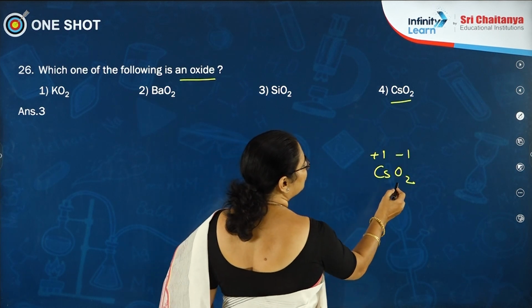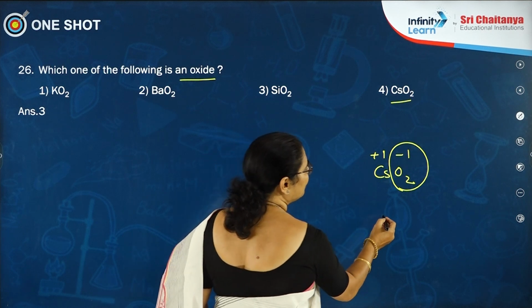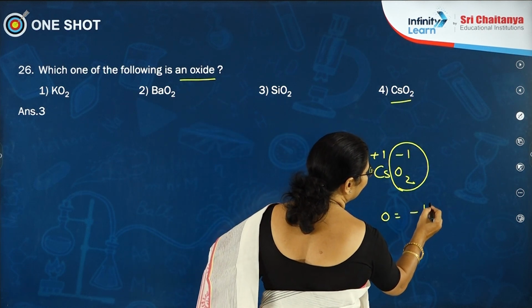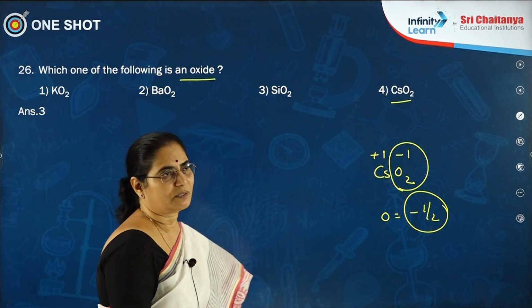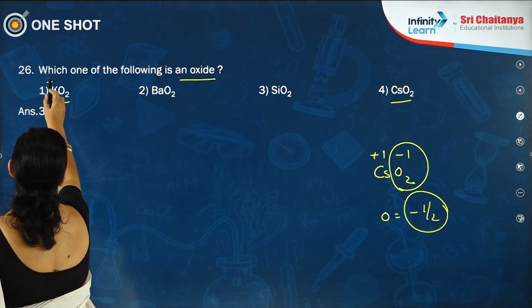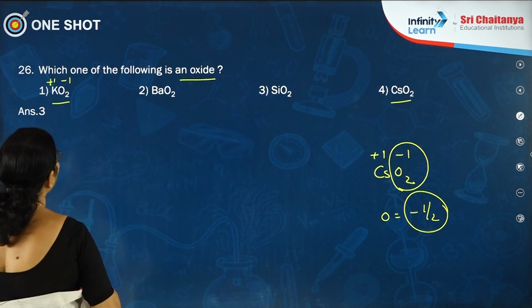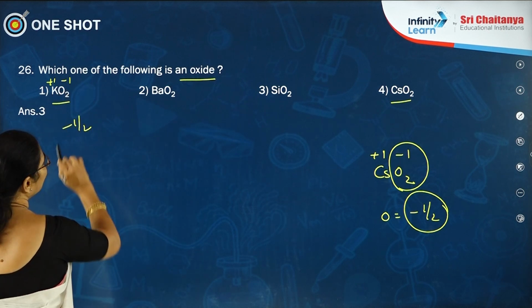Two oxygens are getting -1 charge, so for one oxygen it is -1/2. That means it is an example of superoxide. Next one, KO2, same case, this is +1, so the other is -1. Two oxygens -1, so one oxygen is -1/2, superoxide.